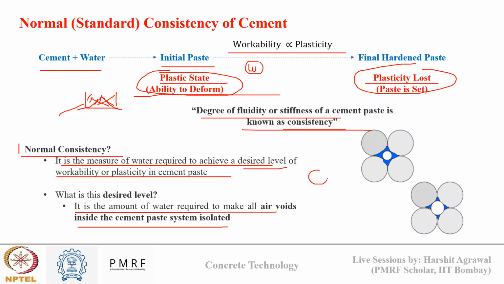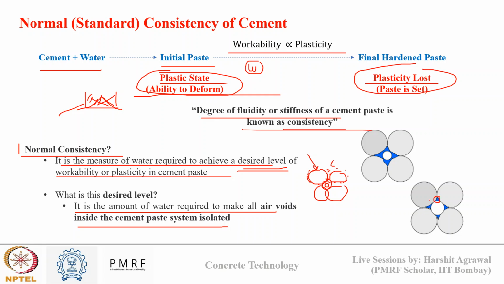When we add cement in a bowl, these are small granules of cement, and these granules will have some pores enclosed between them. When we add water to this cement, what will happen? Slowly water will cover each of the cement grains. The desired level is the amount of water required to isolate this pore completely. Suppose I add a very small quantity of water.